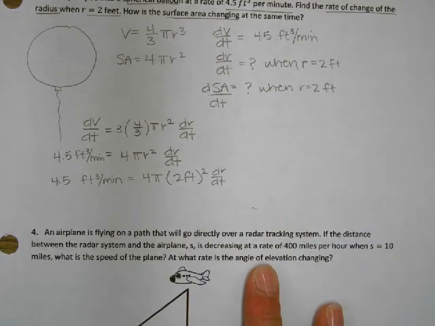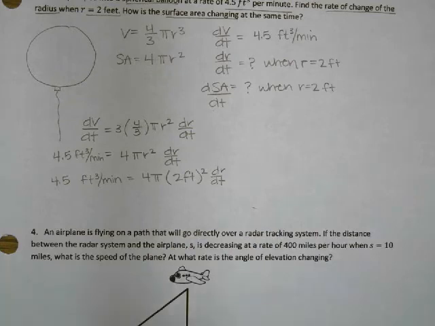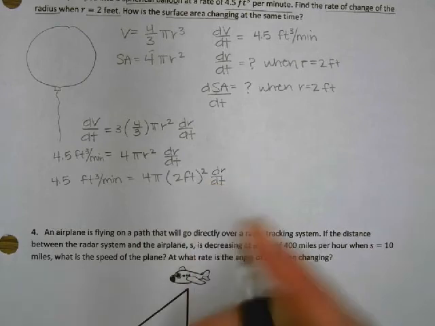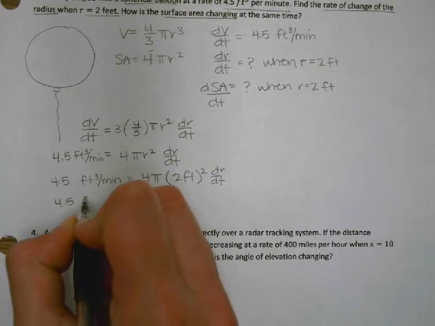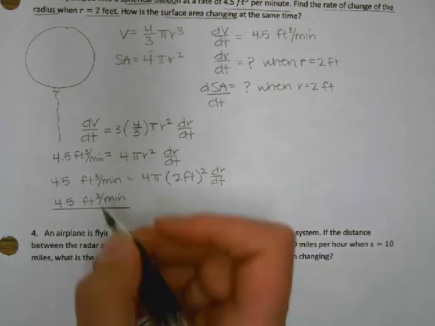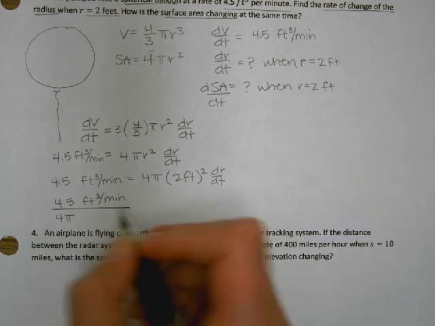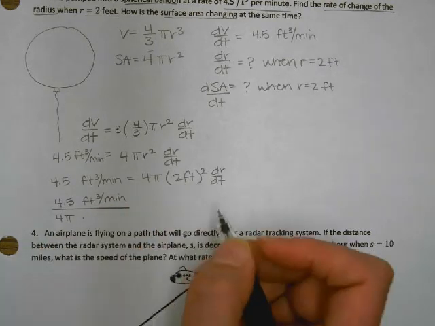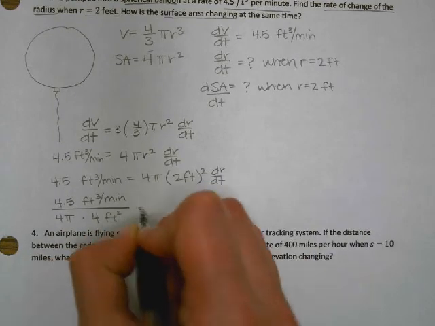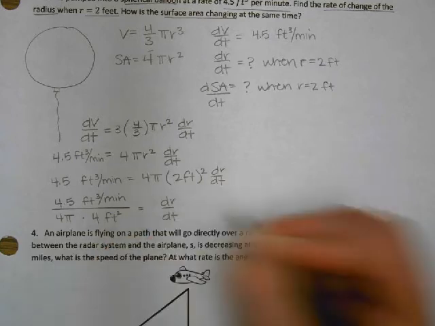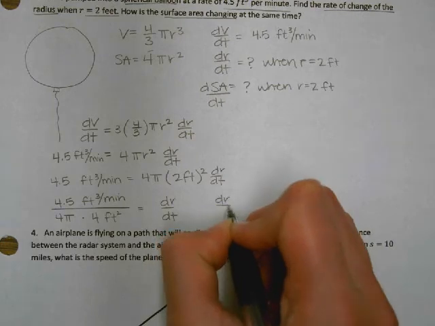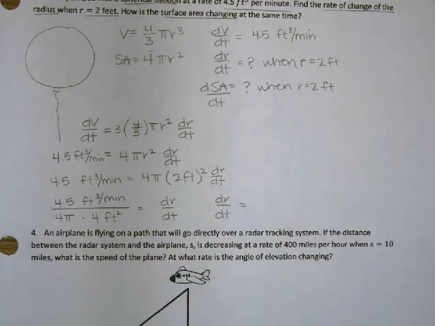Okay, so now I know that I need to get dr dt all alone because that's one of the things I'm solving for. So I can just divide by everything that was on this side. So 4.5 feet cubed per minute is going to divide by 4 pi, and I'm just going to go ahead and square both of those things. So 2 squared is 4, and then feet squared. That equals dr dt. And so dr dt, I can go ahead and type this into my calculator.